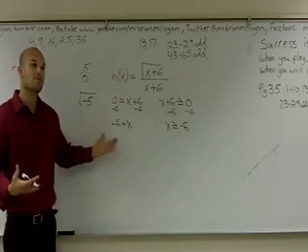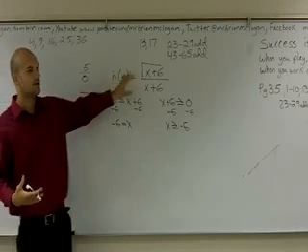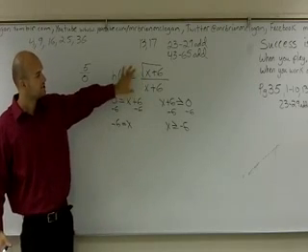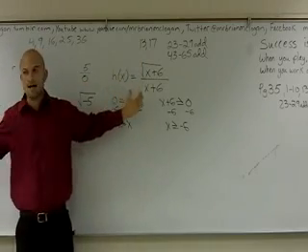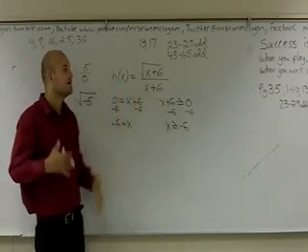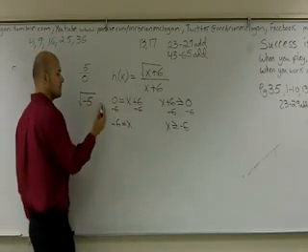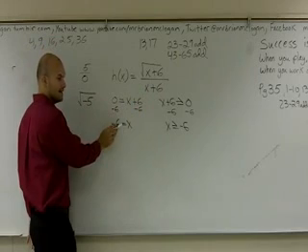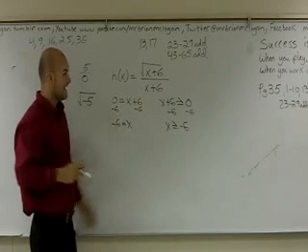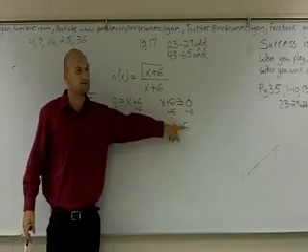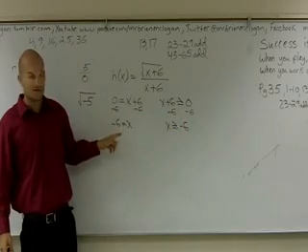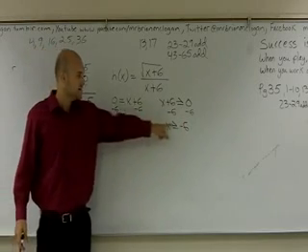So as far as my domain in this graph, if we were to graph this on a graphing calculator or just random points, this graph is going to cover all the x values, infinite x values, except for a couple points. One, it cannot equal negative 6, and it doesn't cover any of the x values that are less than negative 6.